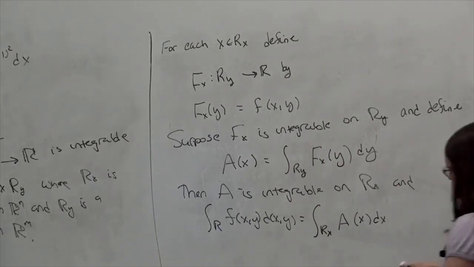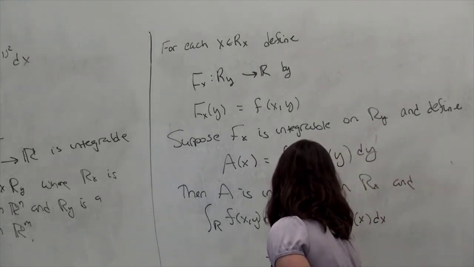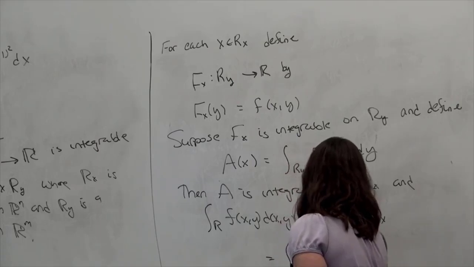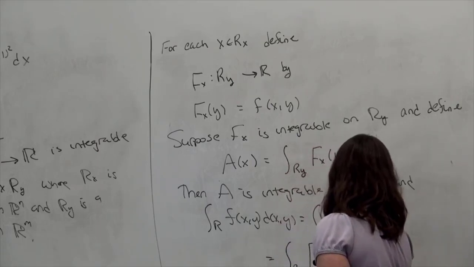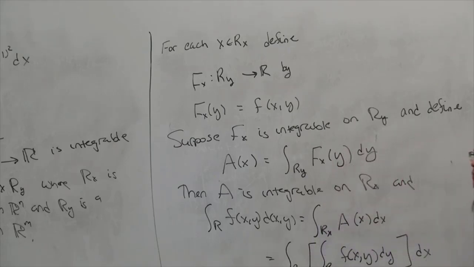And then we remember that a of x really came from an integral too. So this is really the integral over Rx of the integral over Ry of f. And we've got this as an iterated integral.